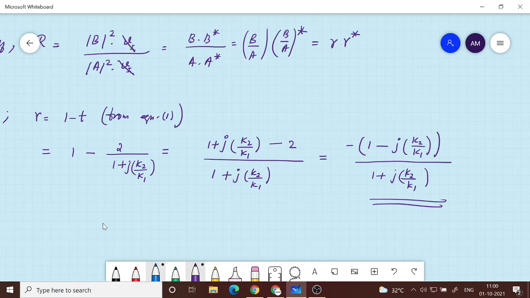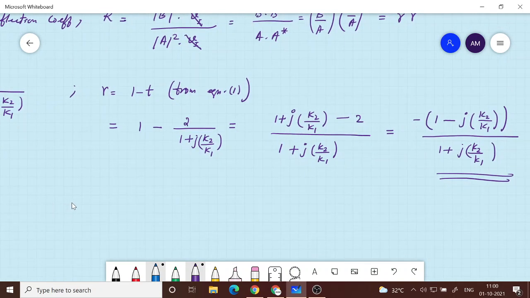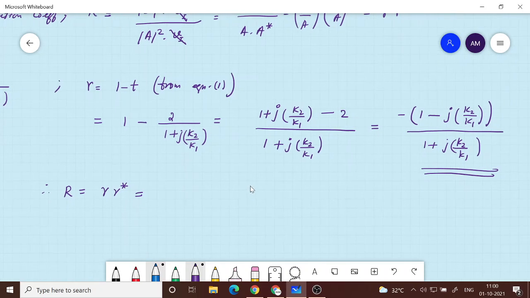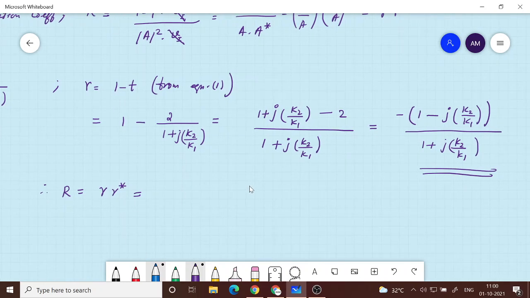So what is my reflection coefficient? Therefore R is equal to R star. You need R star also.